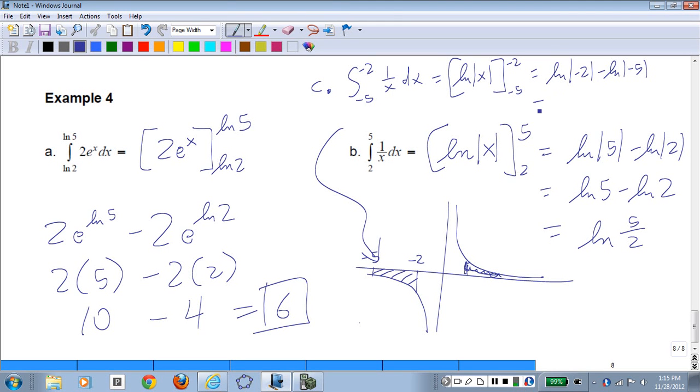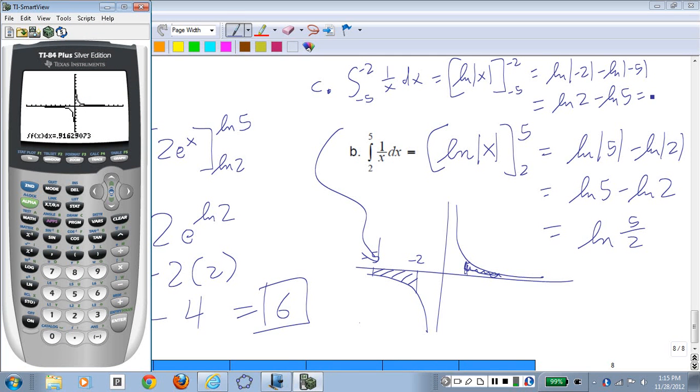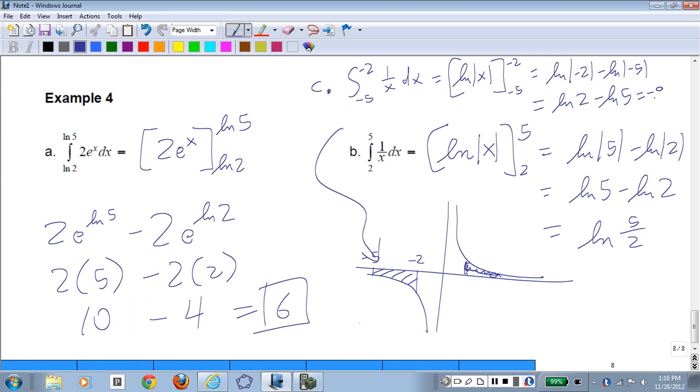That's the natural log of 2 minus the natural log of 5. But I want to say that's equal to negative 0.91629, because it's the opposite of what we got right there. And that would work out every time, it would just be the negative, right? Yes. And we get that, I guess, because of the symmetry.